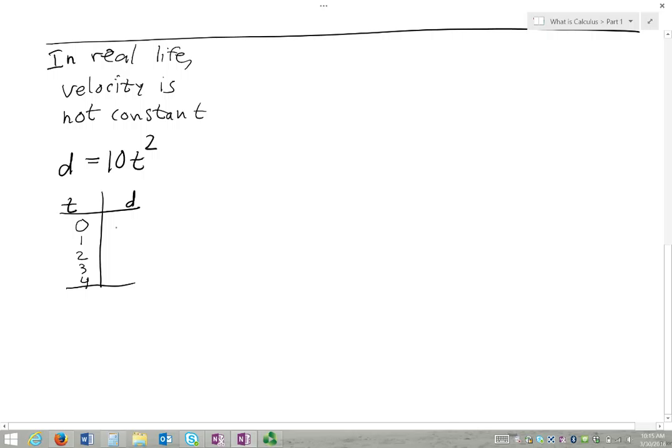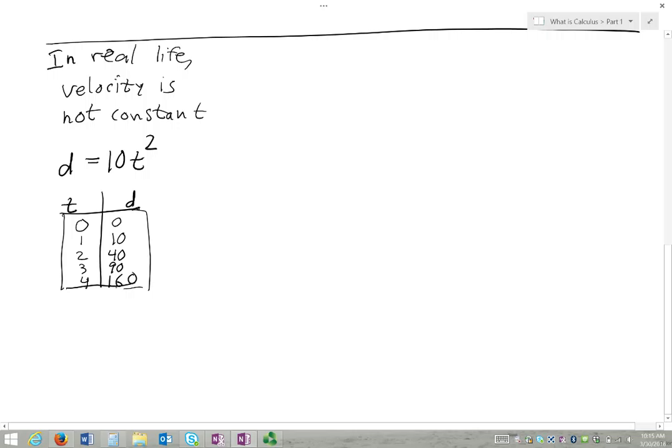So, well, okay, after 0 hours we haven't gone anywhere. 10 times 1 squared, 10 times 1. We've done 10 miles. After 2 hours, 2 times 2 is 4. 10 times 4, 40. After 3 hours, 3 times 3, 9. So we've gone 90 miles. After 4 hours, 4 times 4 is 16, times 10 is 160. So that's all I'm doing here, is I'm just plugging values of t into our equation.